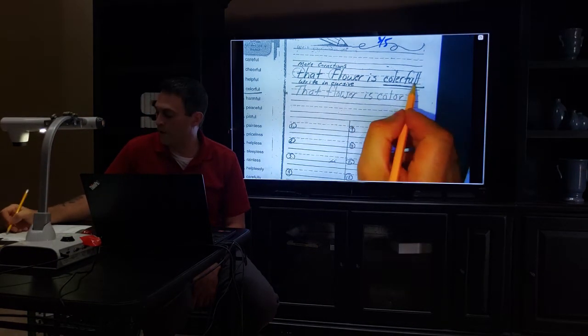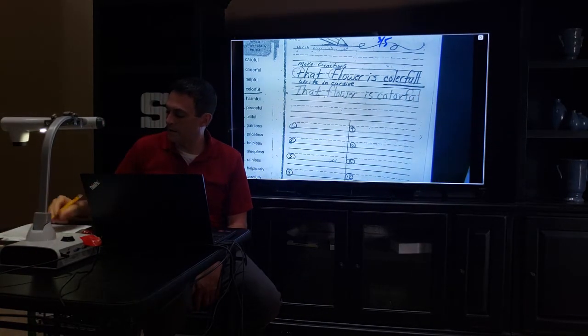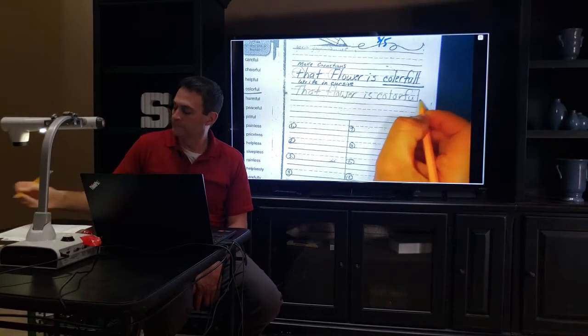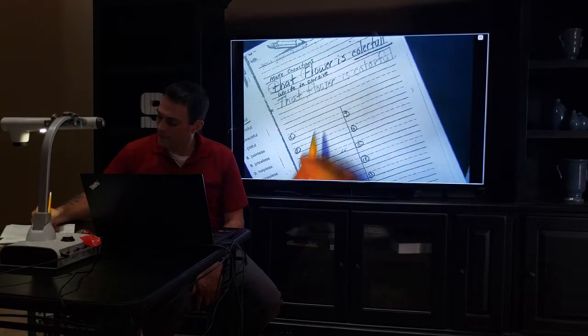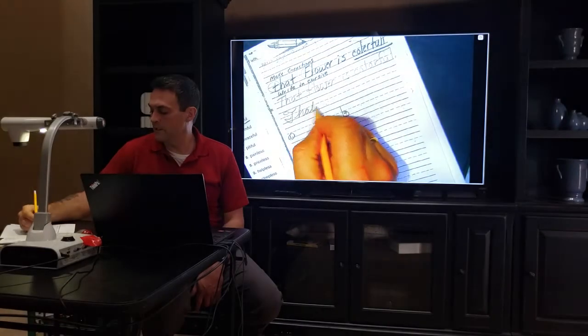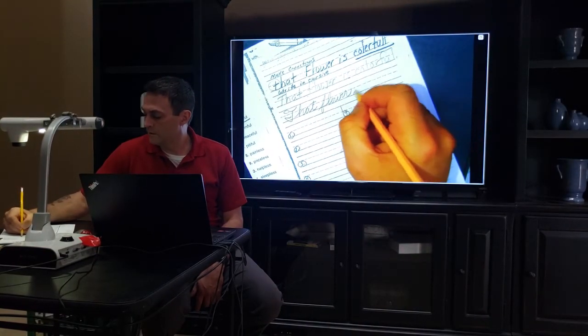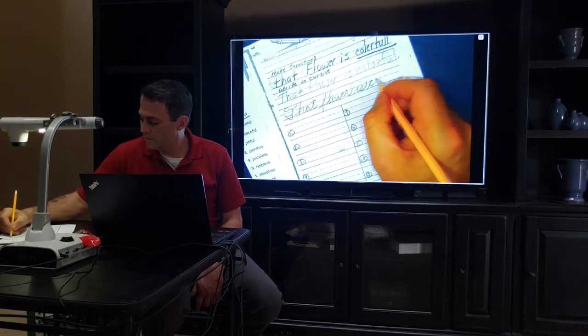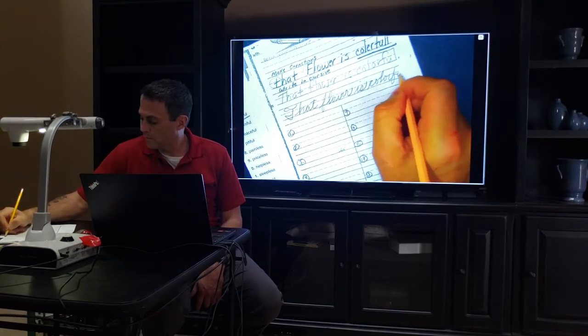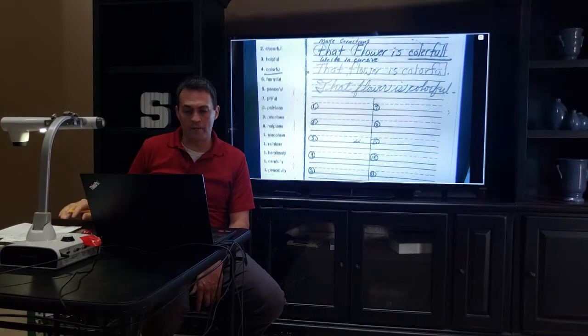Oh, and one L. All right, that flower is colorful, period. T, H, A, T. Flower is colorful. There we go.